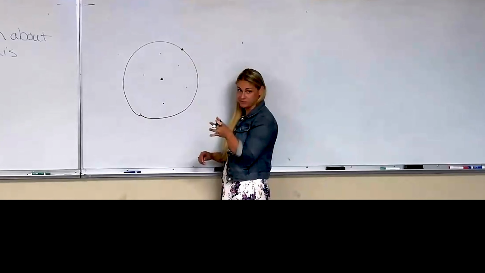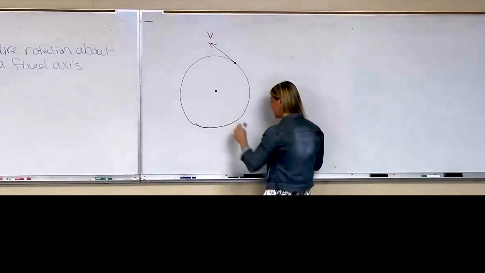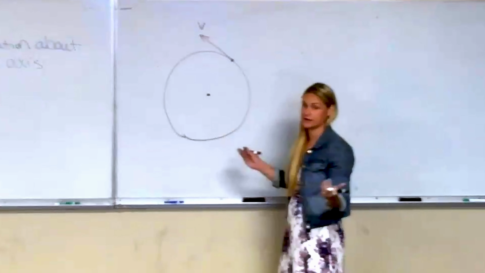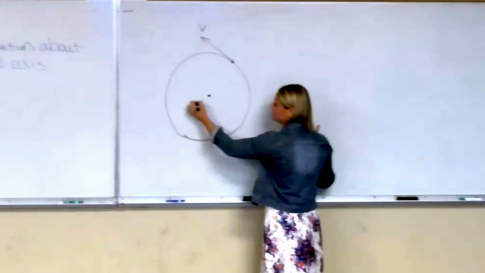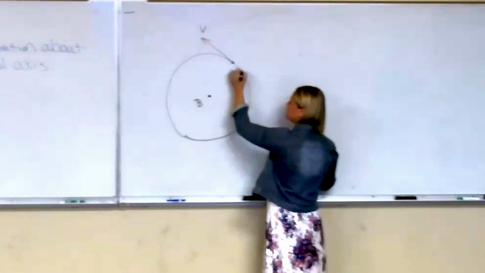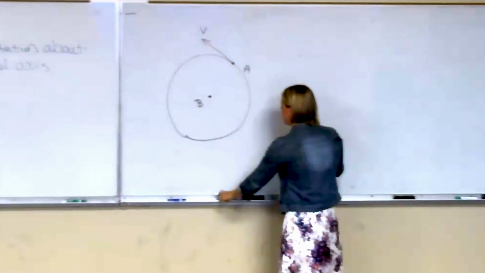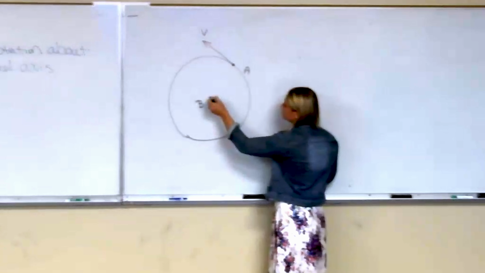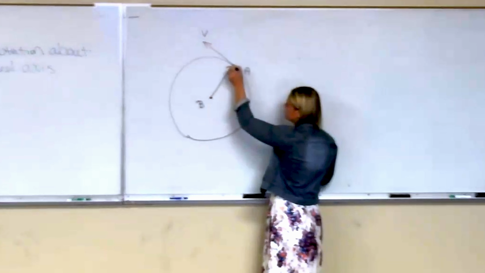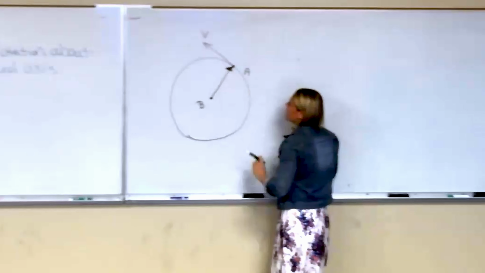So let's draw a velocity here. And why don't we go ahead and assign some letters to these dots that we made? Why don't we make this B and this A randomly? And let's also draw a position vector here.